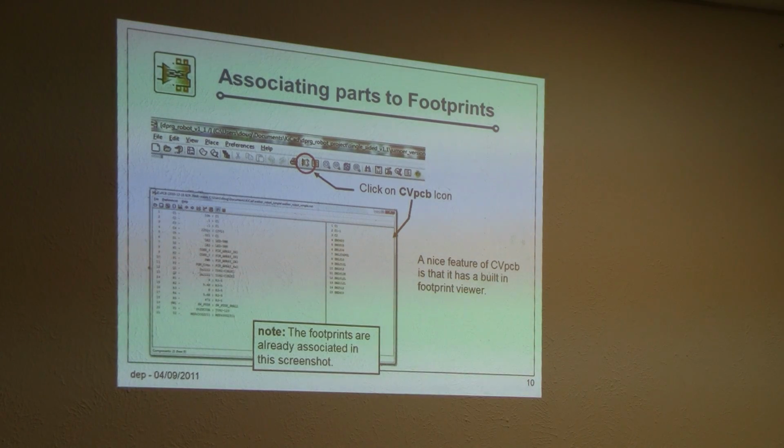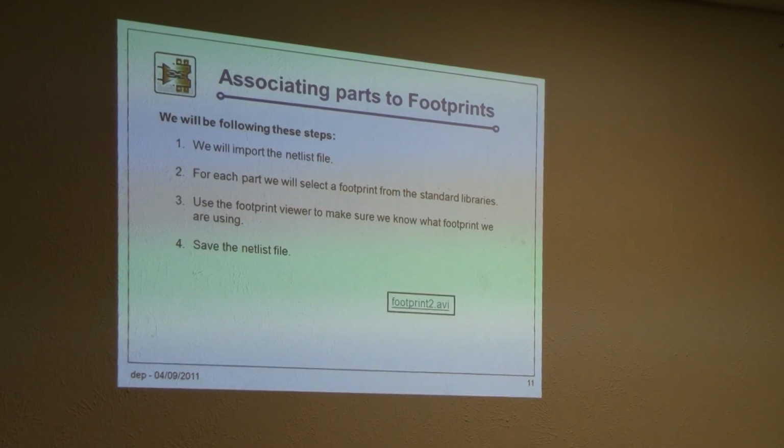Okay. All right. So associating with parts, we're going to import the Netlist file, and the Netlist file is the file that rules them all. Basically when you leave one program, like the one we just left, probably your last step should be to save the Netlist.